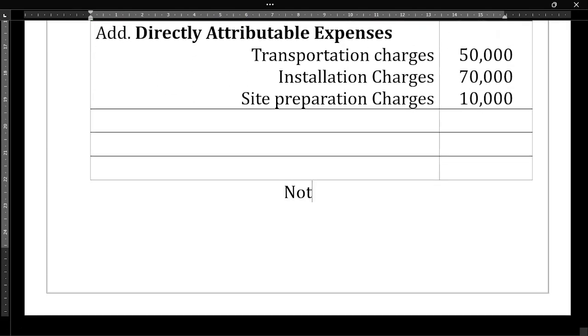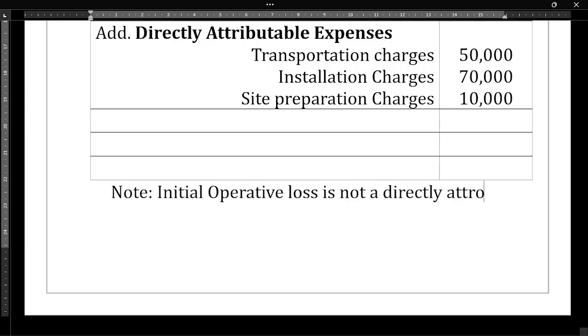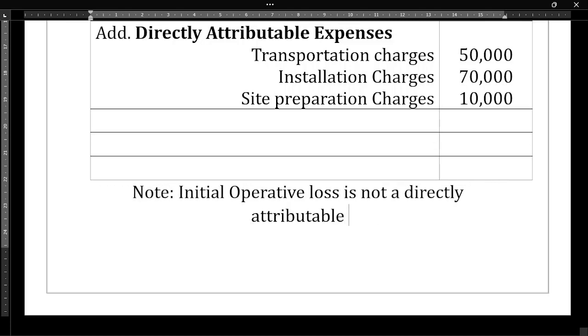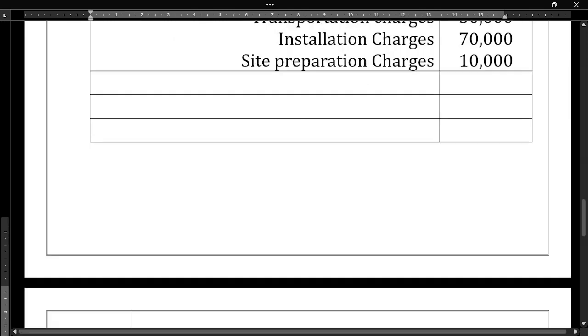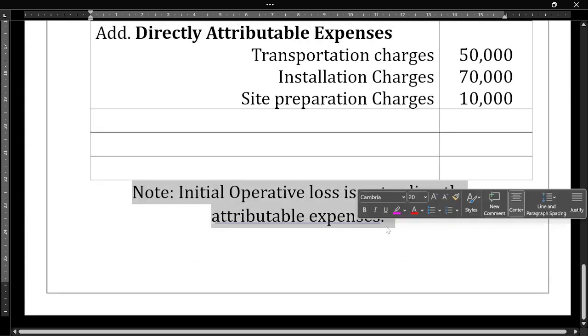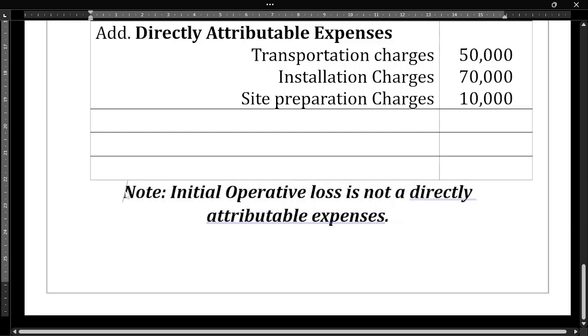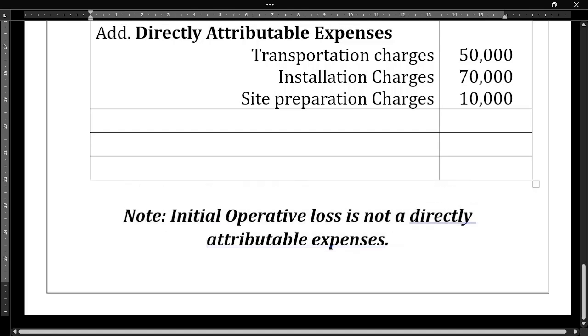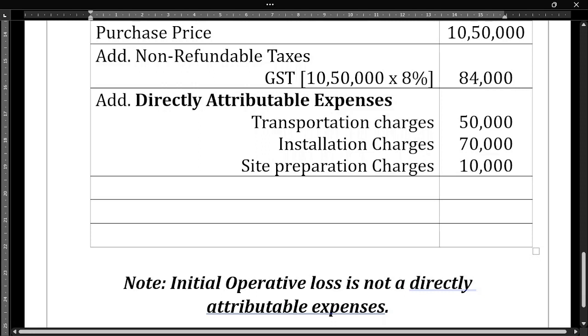So we write a note here: initial operating loss is not a directly attributable expense. This loss occurs after the machine runs, but directly attributable expenses are those incurred before the machine runs. So we are not considering it. So I am writing the note. So I think only this much.